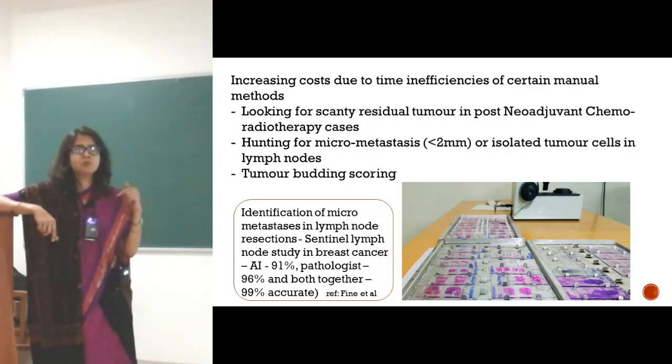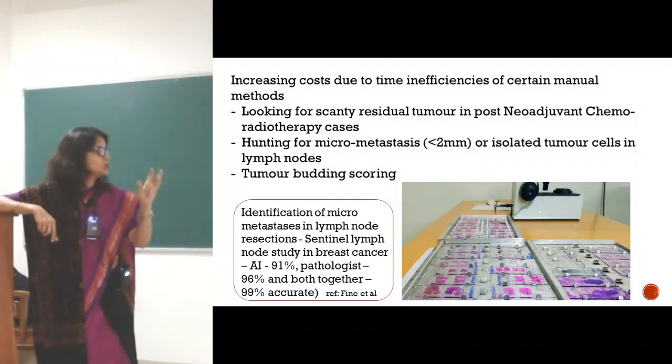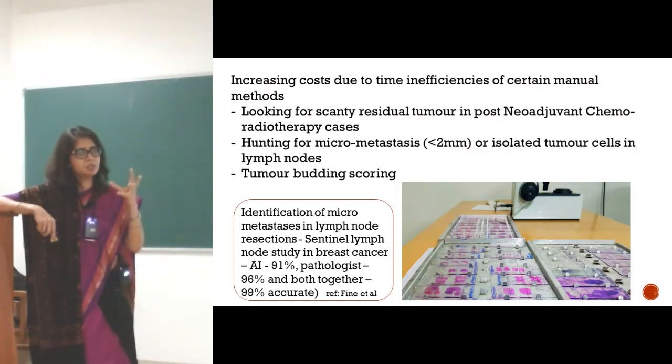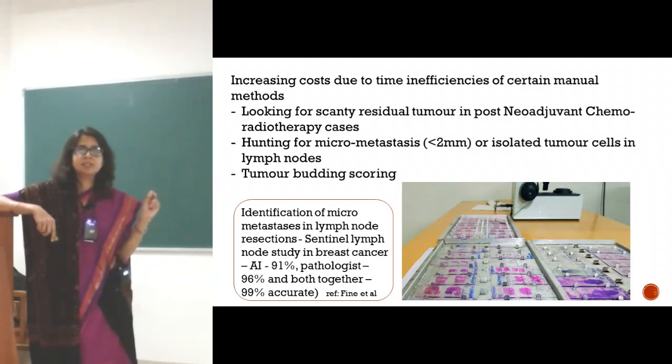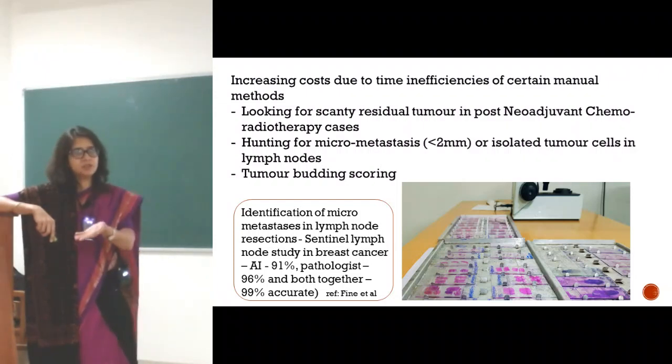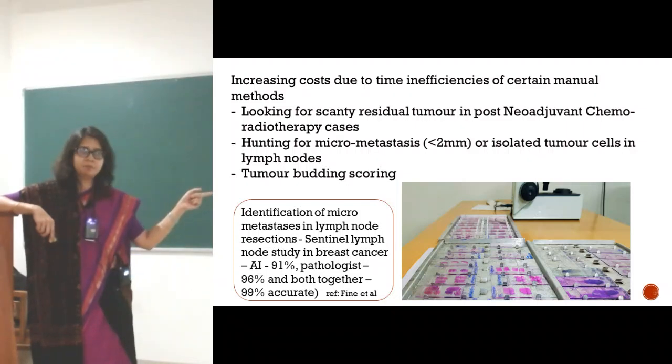But what happens to us pathologists is we get a specimen which has been treated, so there is very little tumor left in the specimen of breast. And we have to put hundreds of slides, practically sometimes the entire breast, we get 100 or 200 slides in a case to find whether there is any residual tumor. Because if we don't document that accurately, the next treatment, whether the patient will continue to get chemotherapy, is decided by my pathology report.